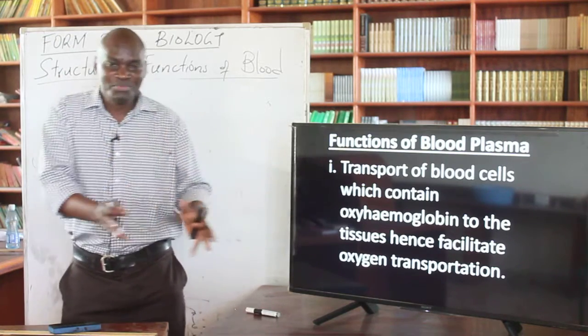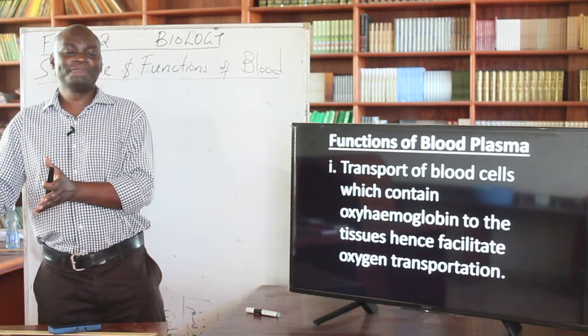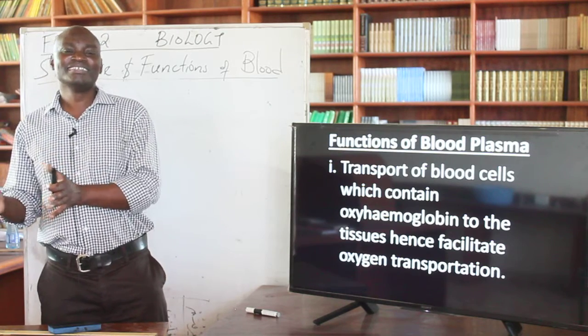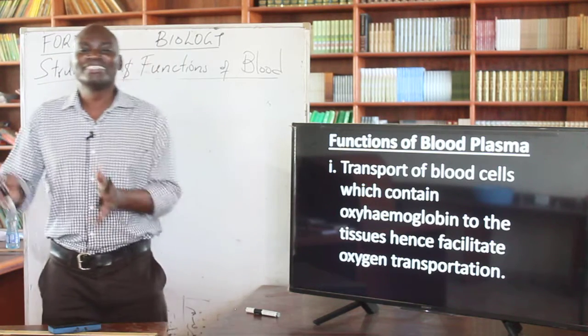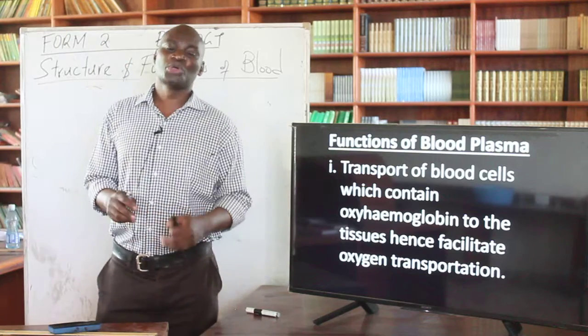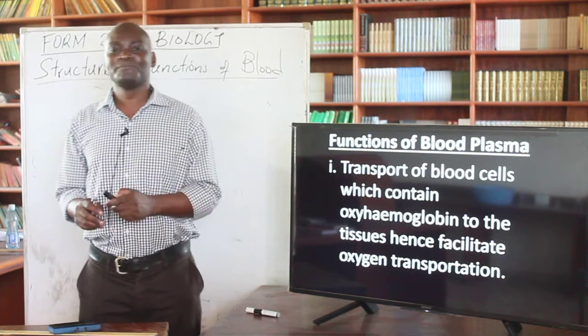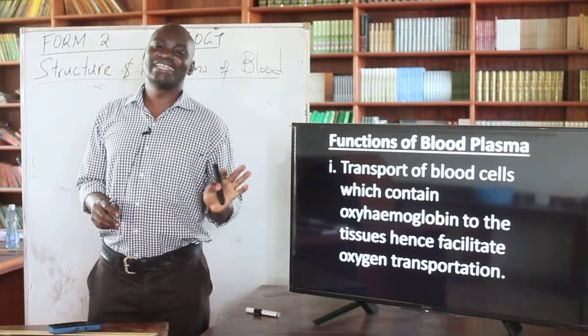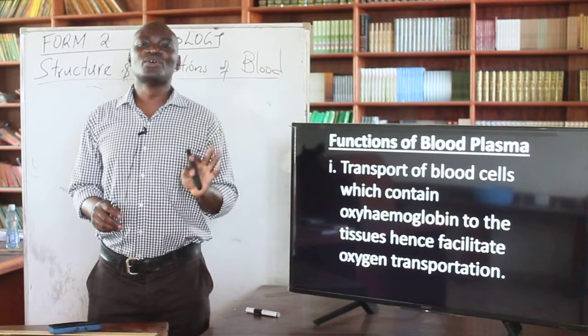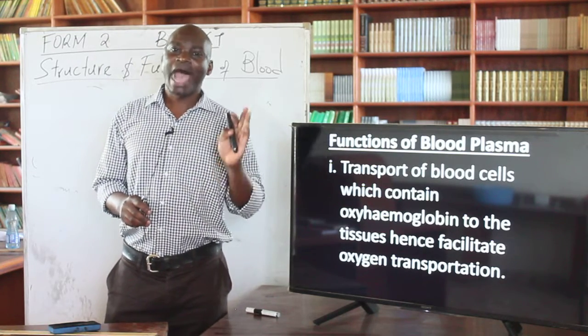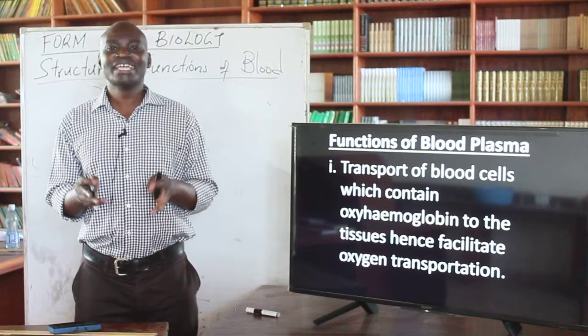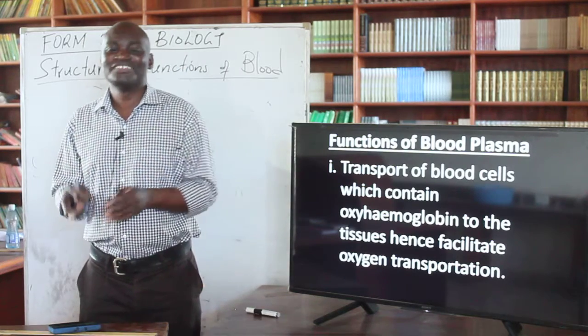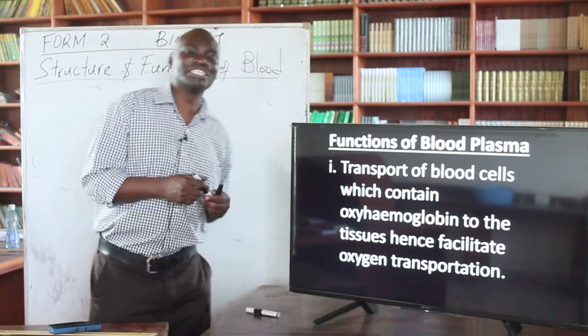So as the plasma is being pumped by the heart, it also carries along with it the suspended cells. So we say that the first function is transport of blood cells, like red blood cells, which contain oxygen, hemoglobin, to the tissues, hence facilitating oxygen transportation.